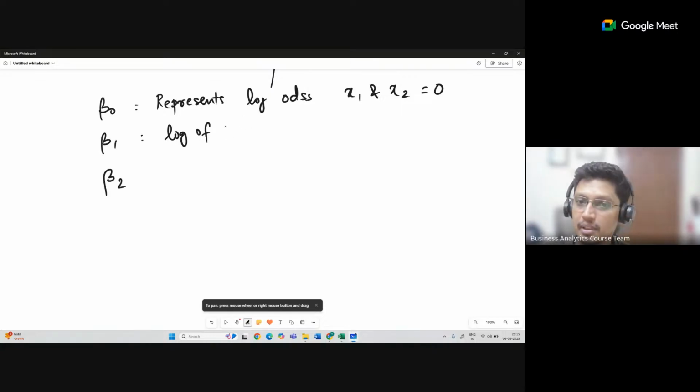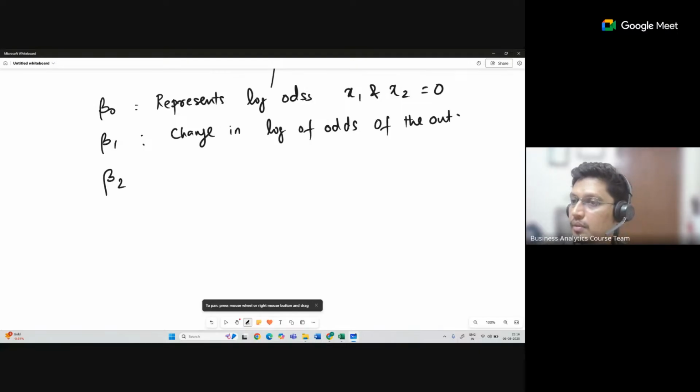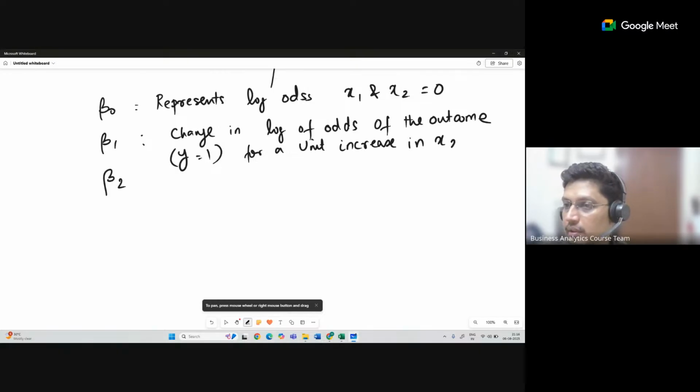It represents the change in log of odds of the outcome y equal to 1 for a unit increase in x1, assuming x2 constant.